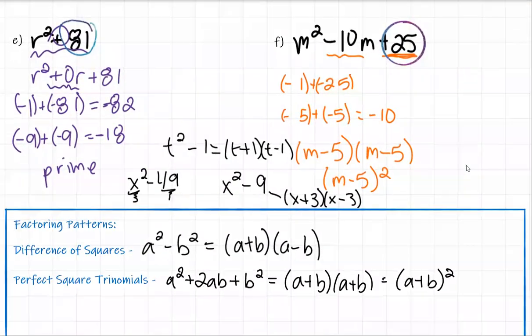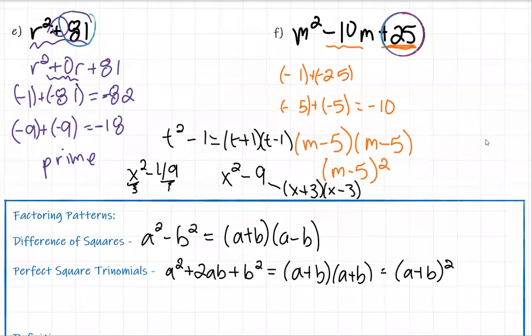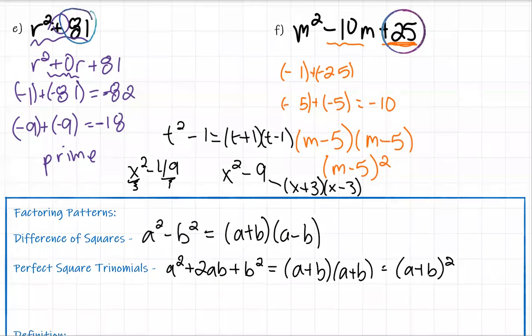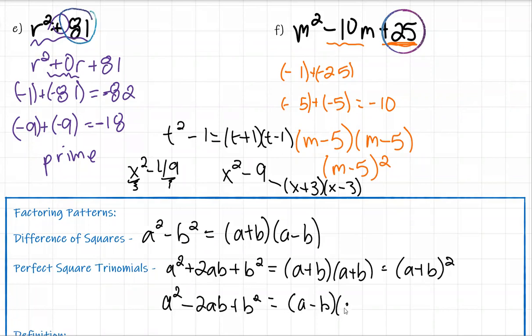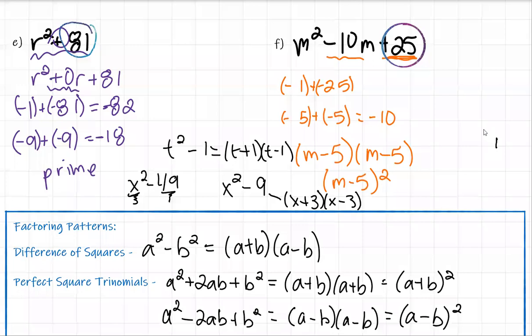And then we can use the same thing when our middle term is negative. We just have to adjust it a little bit. A squared minus 2ab plus b squared is equal to a minus b, a minus b, a minus b squared. Okay, and it's a little bit easier to see with f because we're not dealing with the b as the variable here.